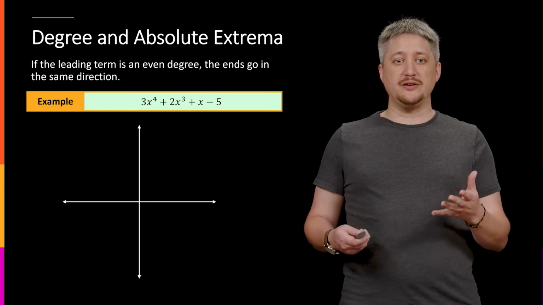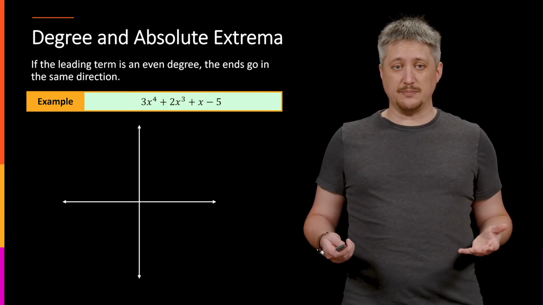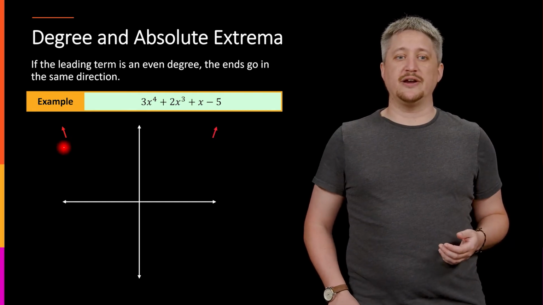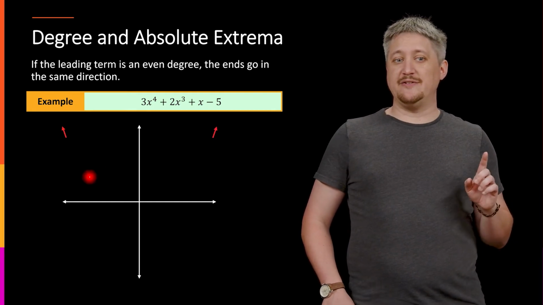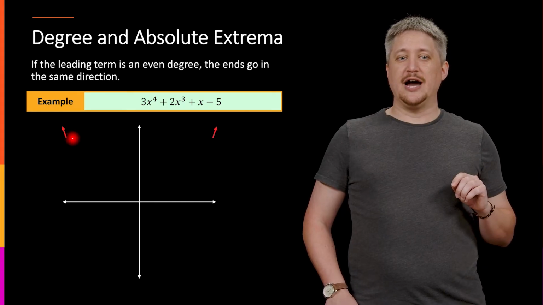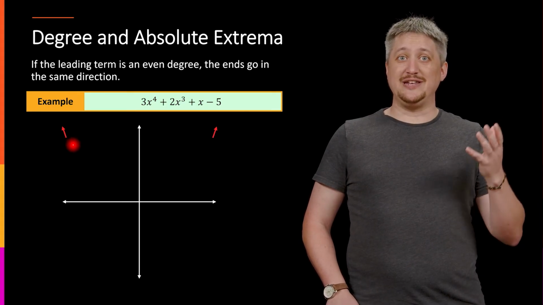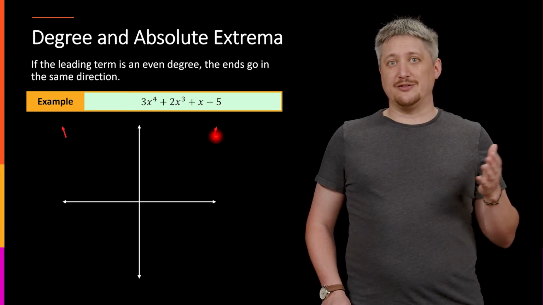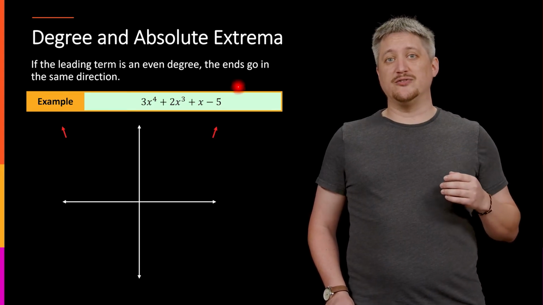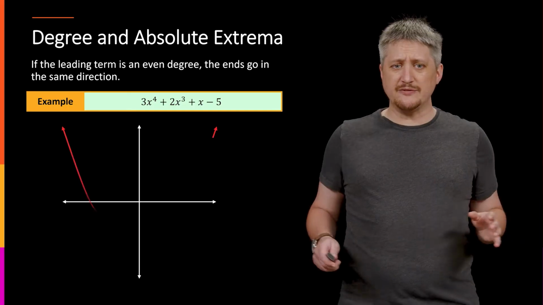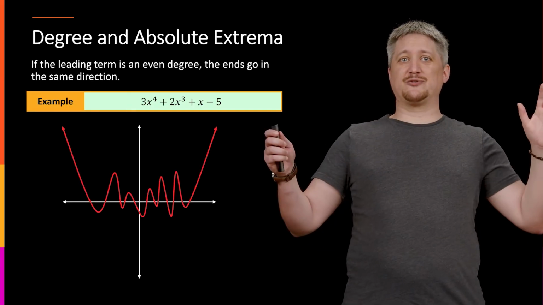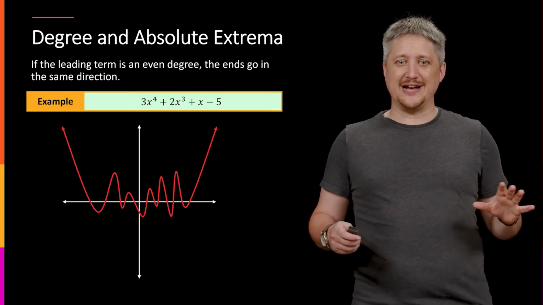Well, we want to graph it, we put up a graph, and we know that both of these ends are going in the same direction. If I get a large and negative x value, if I go to the left, I put it to an even power, and it gets large and positive. Over here to the right, if I get large and positive to an even power, also still positive. Even if I know nothing about what's in the middle, I'm just doing a wild scribble because I don't know anything about how this thing actually looks.